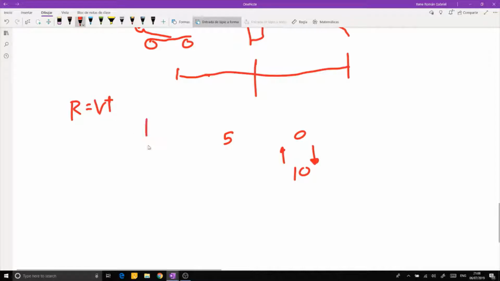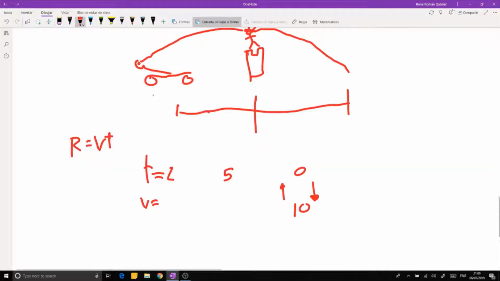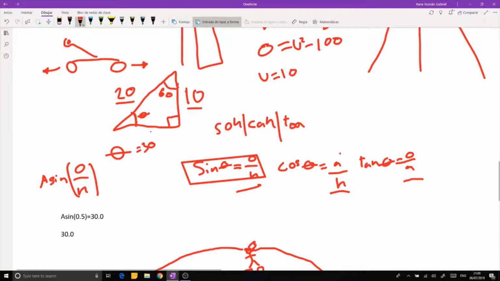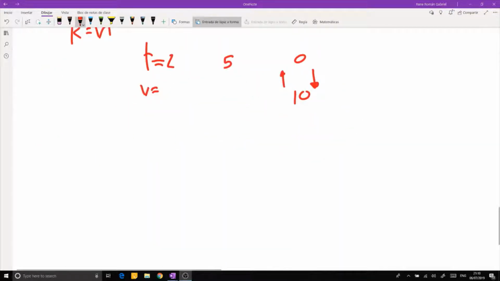So we know that t equals 2. Now we need to figure out what v equals, which is very easy. Here we have another triangle of 60, 30, and 90.